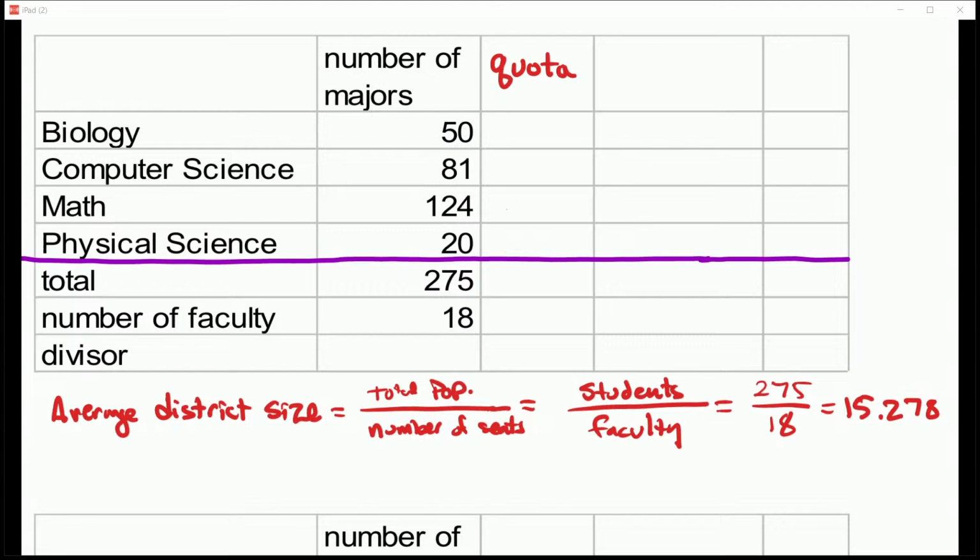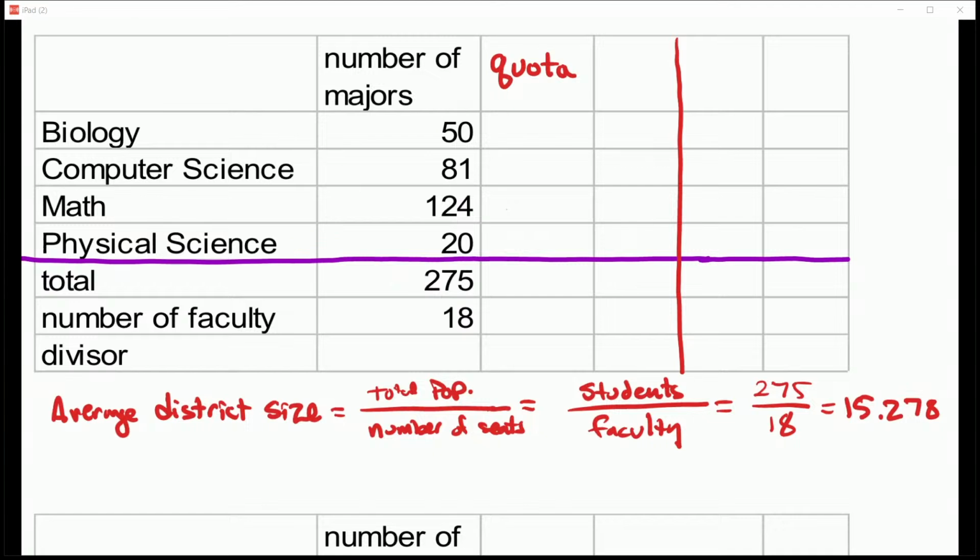So for example, I could do this, 50 divided by 15.278. I'm going to run out of room. It's okay. Here, I'm going to divide. This was not enough room for the quota, so I'm just going to divide. I don't need as much room over here.